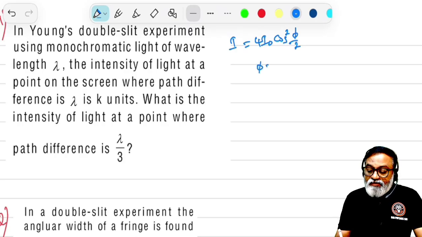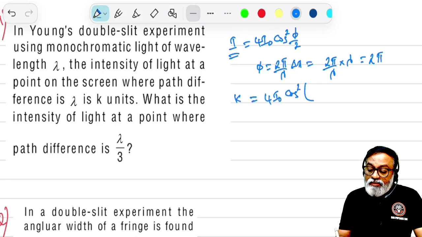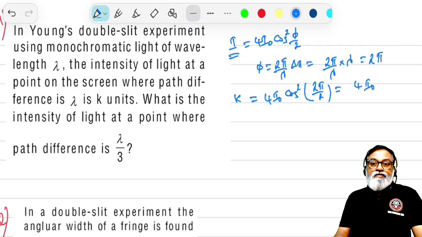So the phase difference is 2 pi by lambda into path difference, that is 2 pi by lambda into lambda, which becomes 2 pi. This intensity is given as k. So k is equal to 4 I naught cos square of 2 pi by 2. The 2 gets cancelled, cos pi is minus 1, cos square is plus 1, therefore k is 4 I naught.